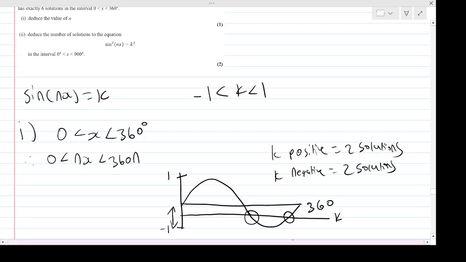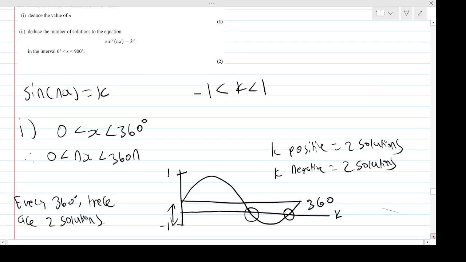Which means that overall, in every 360 degrees, there are two solutions to the equation. As we can see here, if k is positive or negative, there are always two intersections.